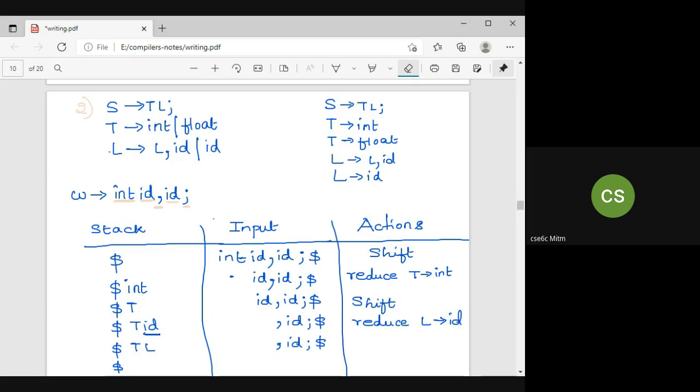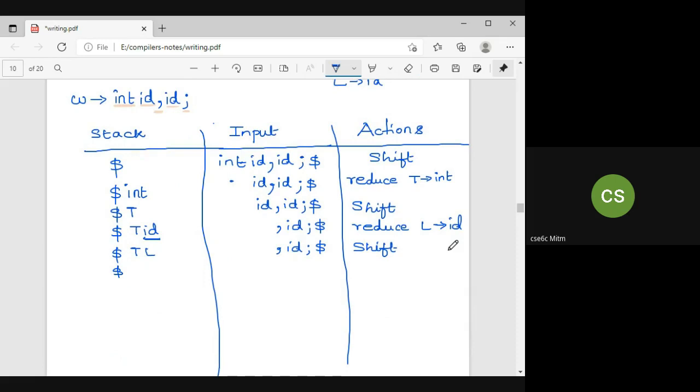Instead, since it cannot be reduced with anything, we take the action of shift. Since we are shifting it, we get T L comma. What remains? ID semicolon and dollar will remain.